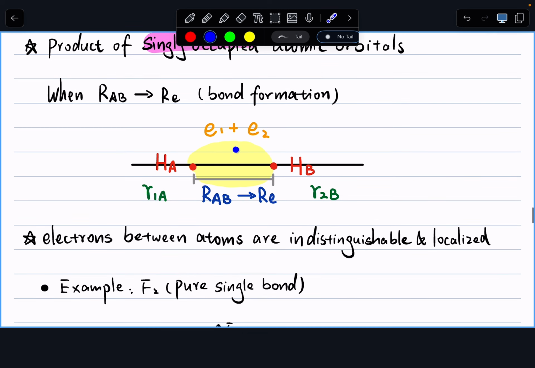In this case, if we're doing the product of the 2 singly occupied 1s atomic orbitals, we end up getting electrons in between the 2 hydrogens. And these electrons are indistinguishable. We can't tell where these electrons come from. Well, it's a product of a wave function, so they all mess up each other.